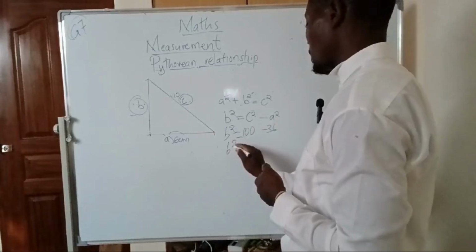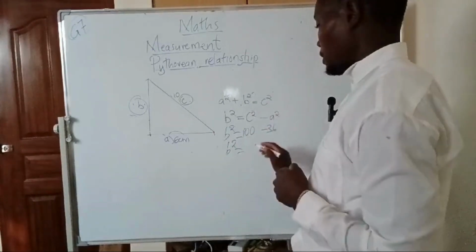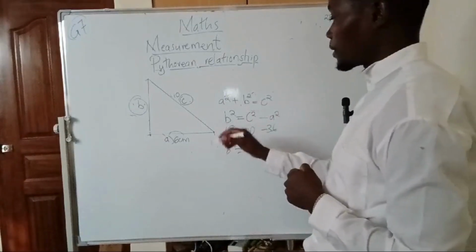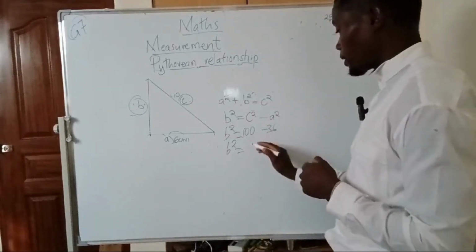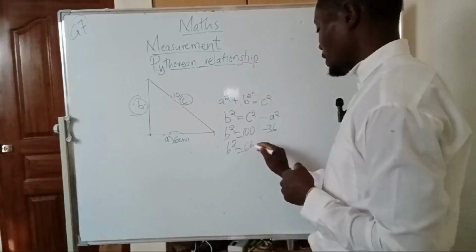Then b squared is equal to 100, that is our c squared, minus 36, which will be 64.